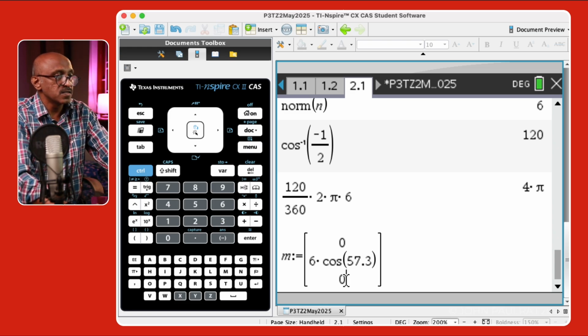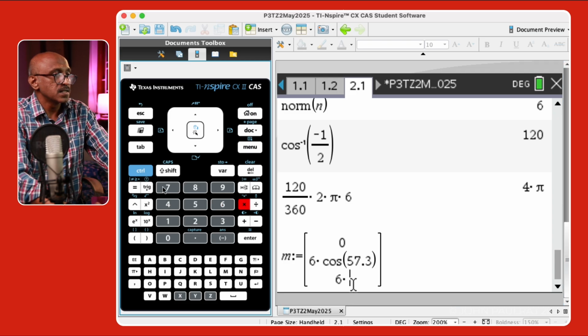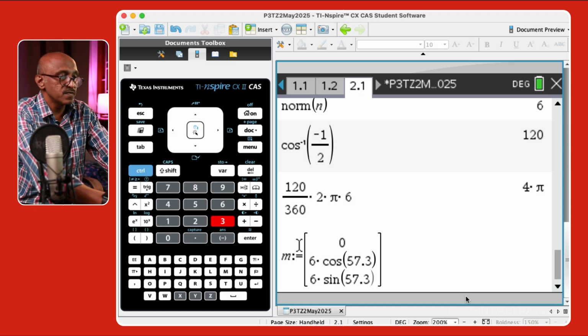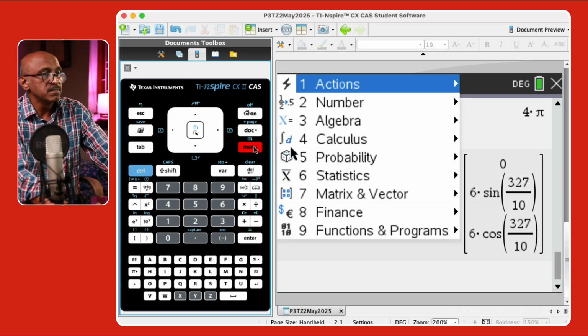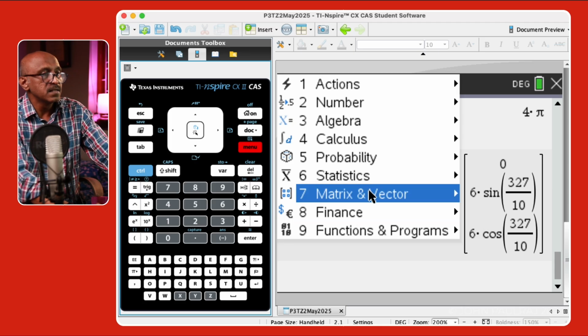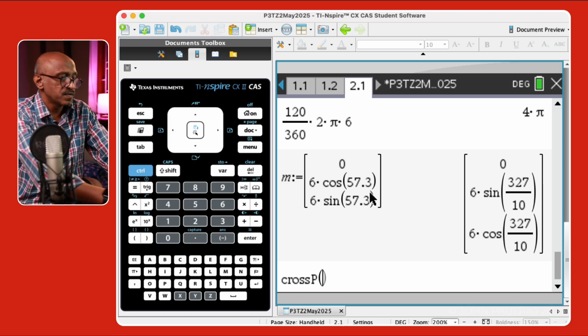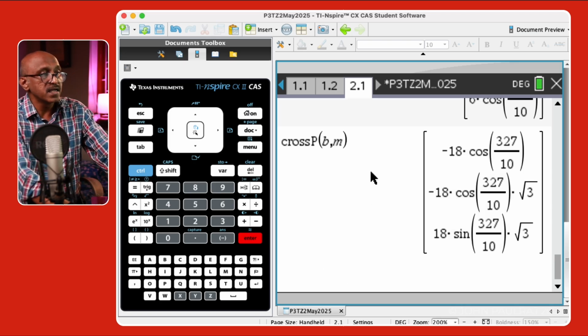Here we are going to change this to 6 times sine of 57.3. Okay, so we've defined M. There you go. And now let's find the cross product, B cross M, cross product of B comma M. And that's a great value.